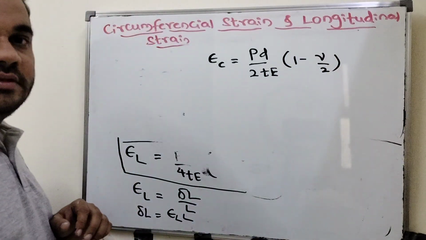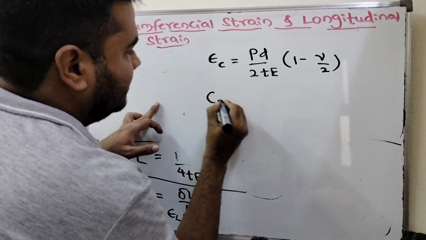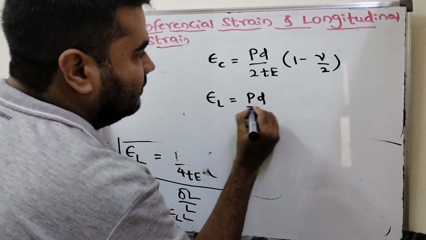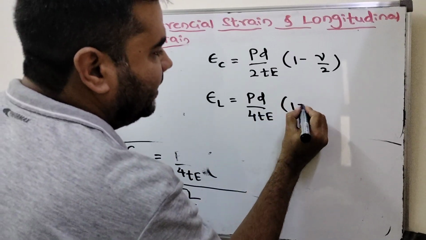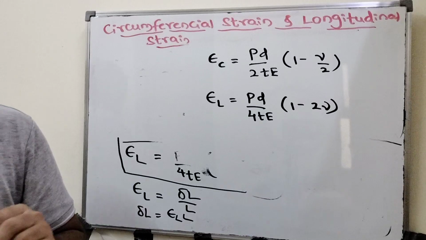This is the circumferential strain. And the longitudinal strain is PD by 4tE into 1 minus 2 nu.